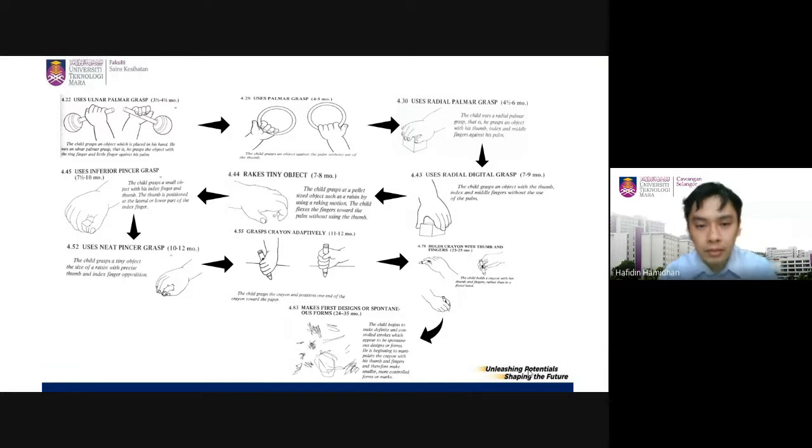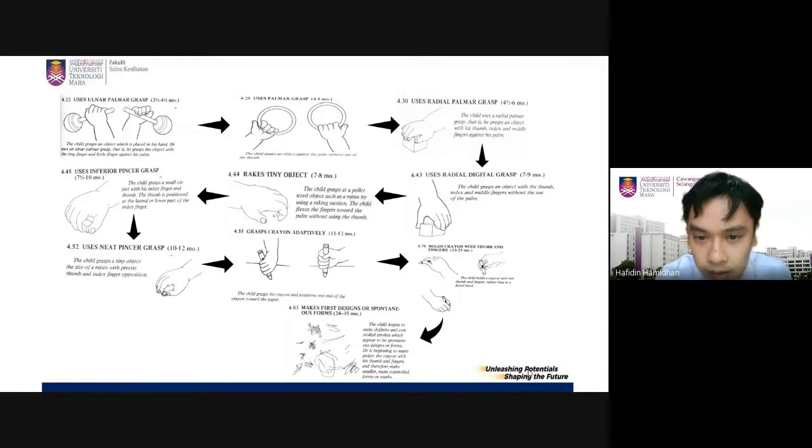Kemudian gambar yang ketiga untuk peringkat umur 4 bulan setengah sehingga 6 bulan, di mana kanak-kanak tersebut menggunakan radial palmar grasp, yang mana dia mula menggunakan dia punya thumb, index finger dan juga middle finger untuk grasp objek against dia punya palm lah, okey.